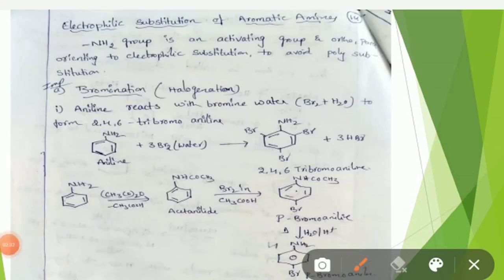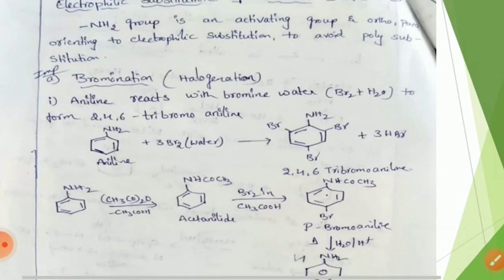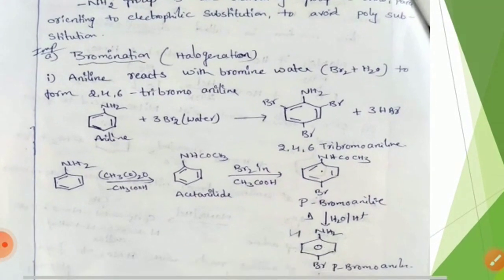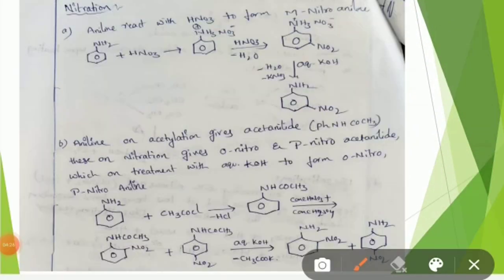So here aniline reacts with CH3COCl, with removal of HCl, and is converted to C6H5NHCOCH3, that is acetanilide. This acetanilide reacts with concentrated HNO3 plus concentrated H2SO4, called the nitrating mixture, and is converted to ortho-nitro or para-nitro product.